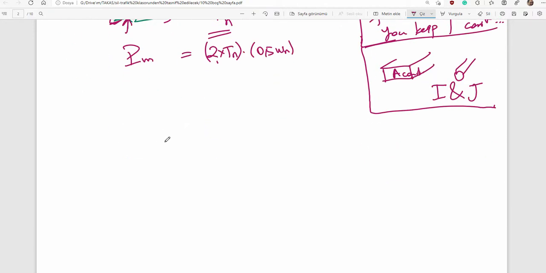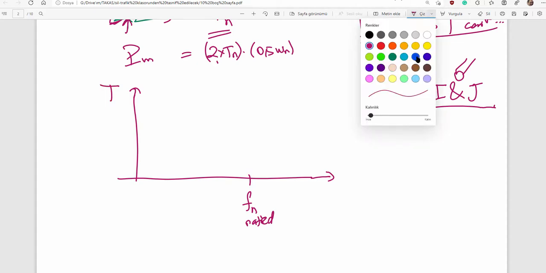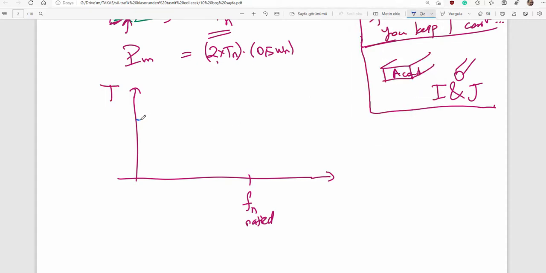So what is happening so far? Take care. Let's say here is a rated frequency, rated nominal frequency, and let's say here's torque. We prefer field frequency adjustment.